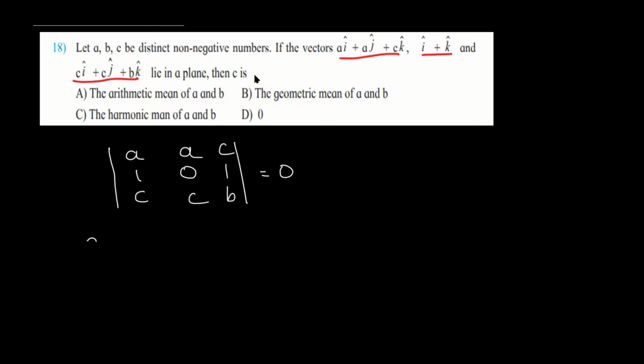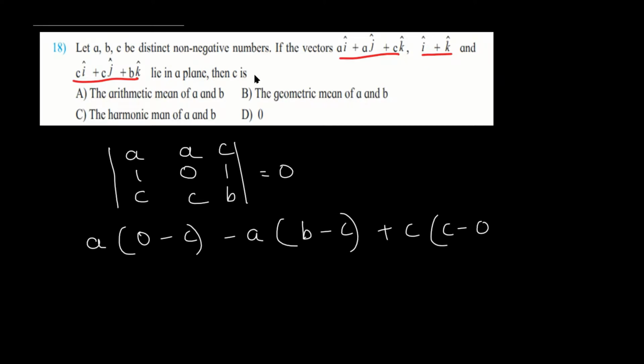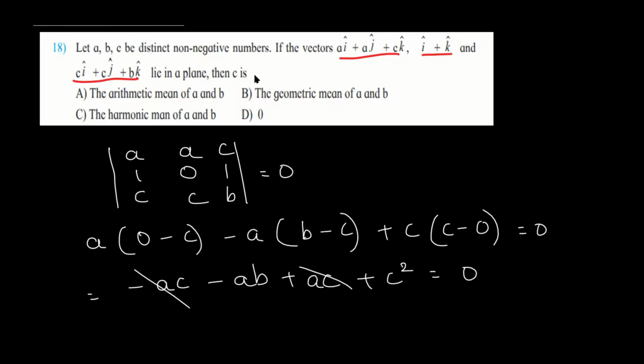Now solving this, we have a into 0 minus c, minus a into b minus c, plus c into c minus 0 is equal to 0, or solving it further, minus ac minus ab plus ac plus c square is equal to 0. Now minus ac plus ac goes away, so we have c square is equal to ab.